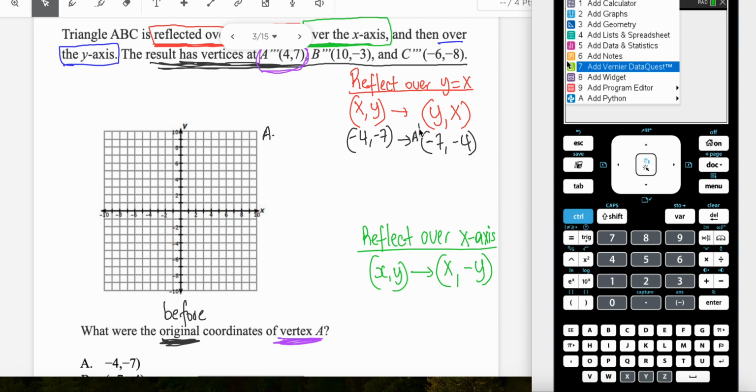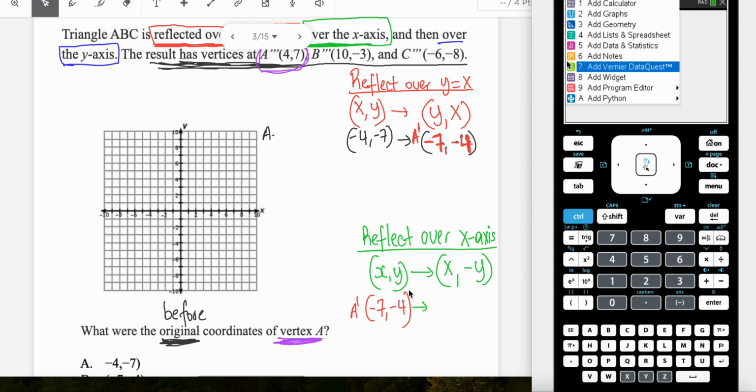We have 1 prime because that's the first transformation. Now we're going to take this A prime, which is (-7, -4), and we're going to reflect it over the x-axis.